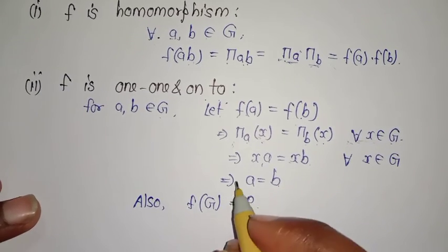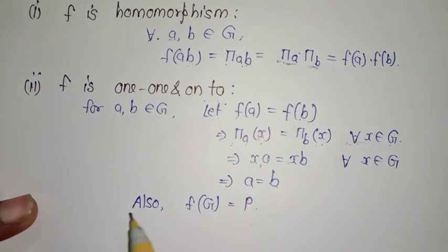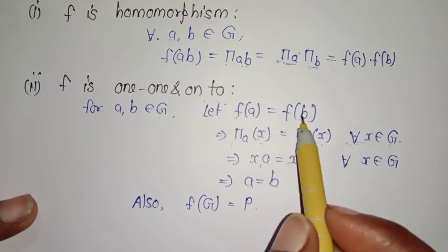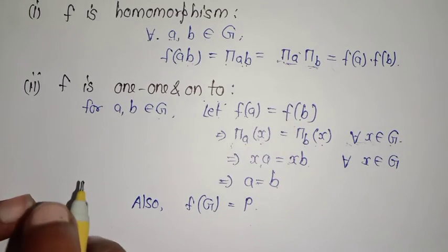So the condition of one-one is satisfied. That is, for two elements whose images are the same, the elements must be the same.